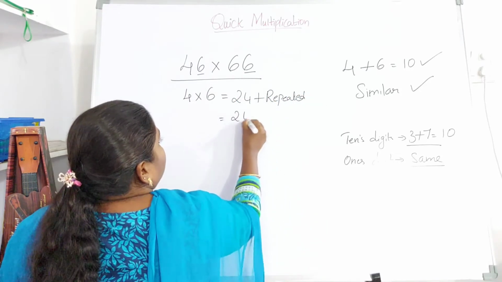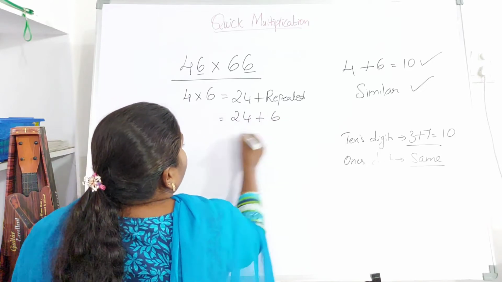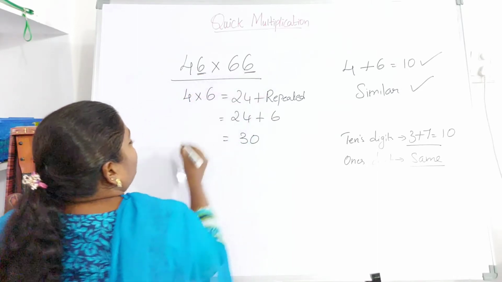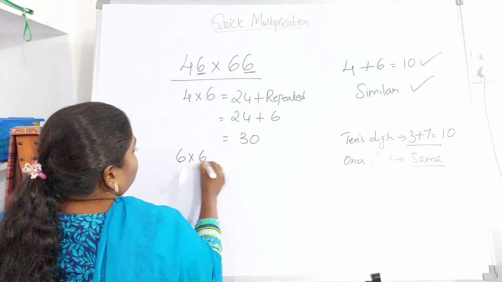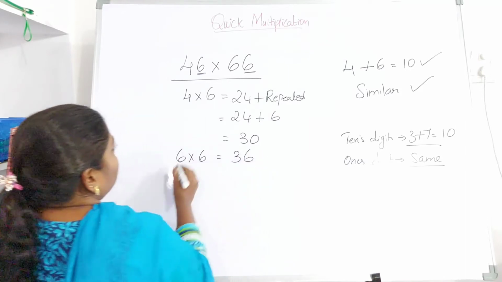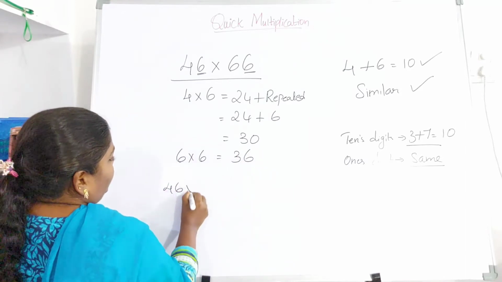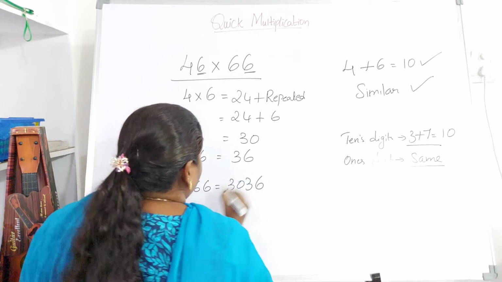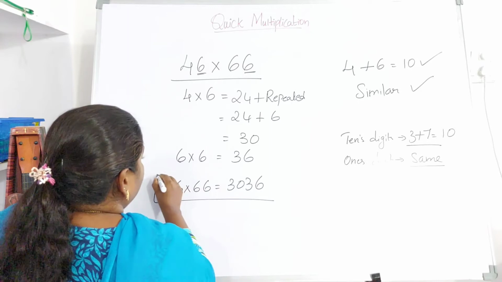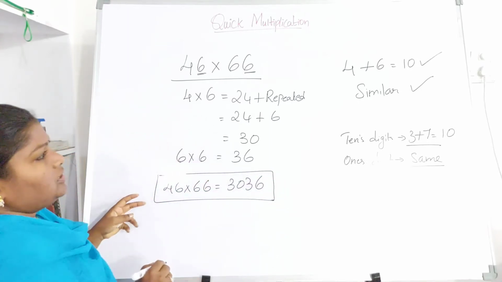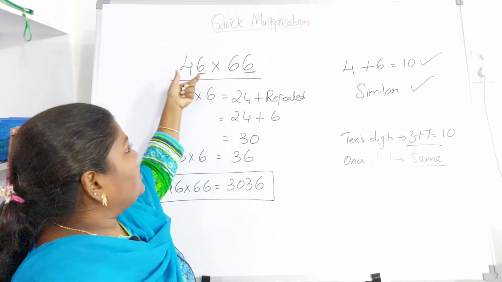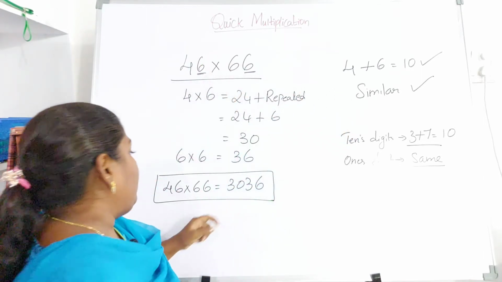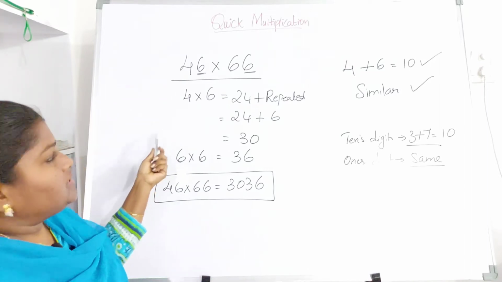It is 6. 24 plus 6 is 30, and the ones digits of the two numbers should be multiplied. 6 into 6 is 36. So 46 into 66 is equal to 3036. Hope you have understood the method. Whenever numbers are given, you need to check for these two rules and then follow this method. Let me explain one more example.